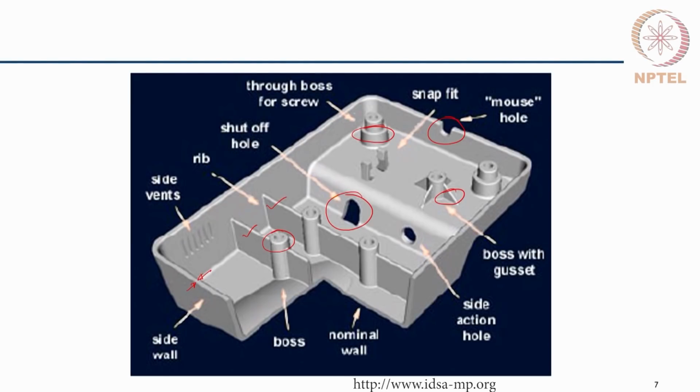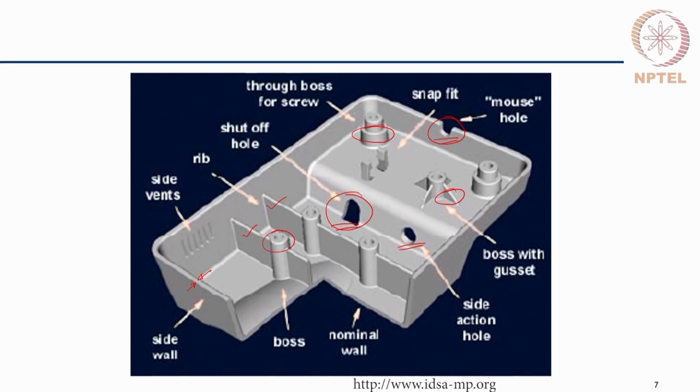So, all the features that are along this mold opening and closing direction, they are these side walls, the ribs that you see in the picture, as well as the bosses. The features like this mouse hole and the shut off hole and the side action hole, they are transverse to the mold.